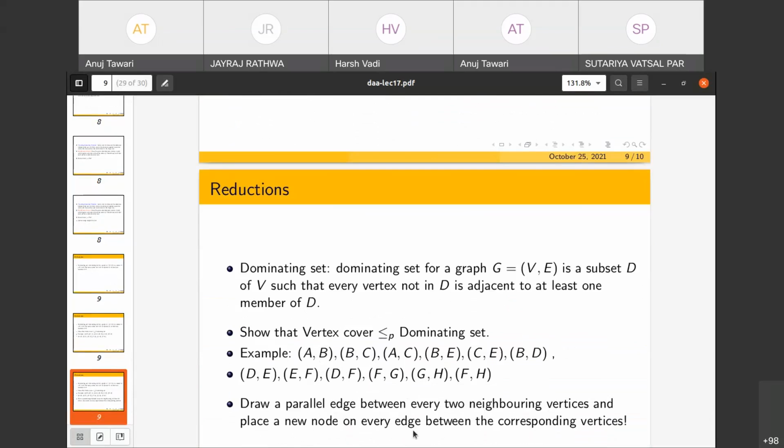So let's say I have a new vertex AB, which I place on the edge from A to B. You draw a parallel edge from A to B. And it turns out that if you can solve the dominating set on the resulting graph, then you can solve vertex cover also on the original.